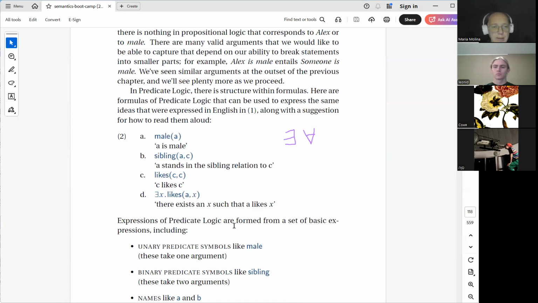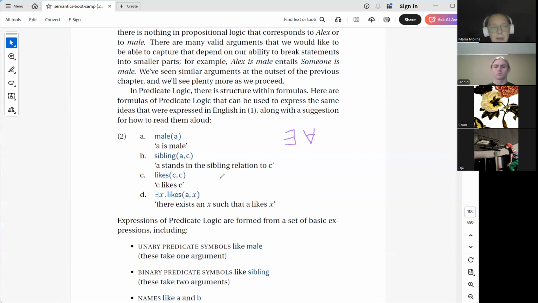They are sort of operators, they're quantifiers, and they should be applied to the formula.